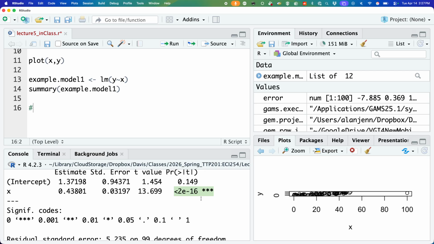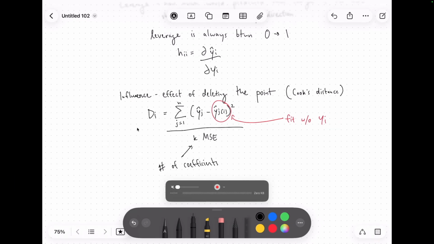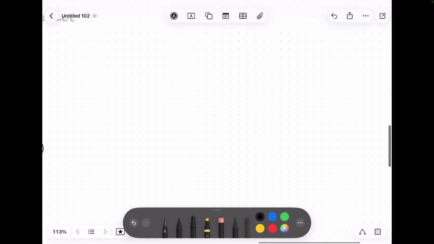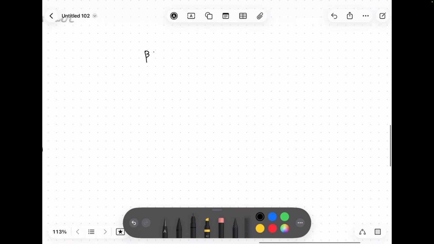So just to be extra clear, because I think this is a good example of that distinction. We have beta equals 0.43, and the hypothesis is that beta is equal to 0.